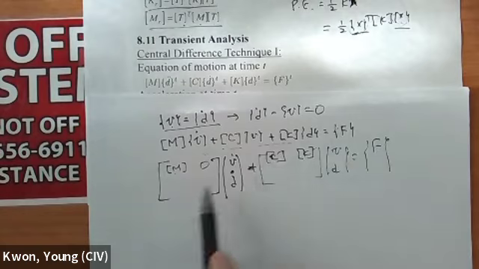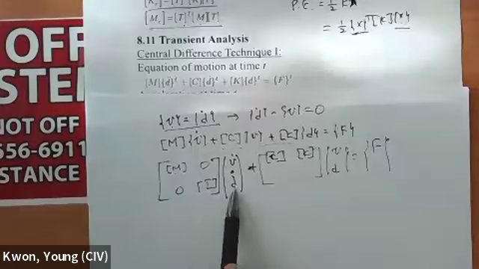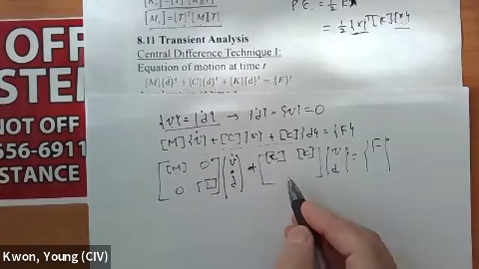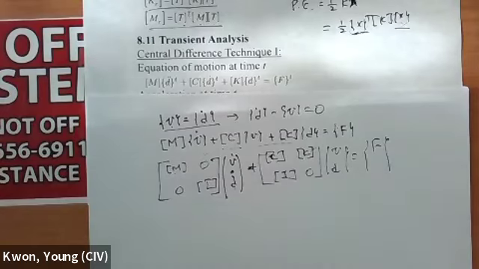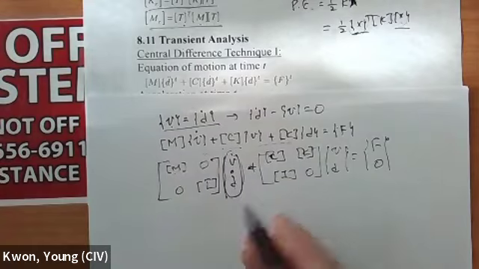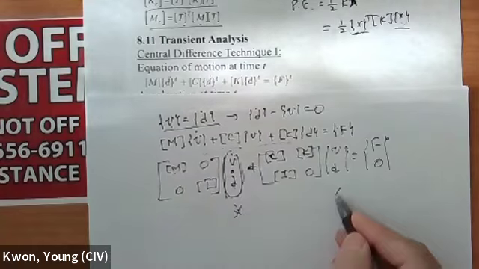And second equation gives you d dot, so this is 0. This is identity matrix. d dot is equal to v. So that's going to be identity matrix, and this is 0, right? And this is 0. Correct?